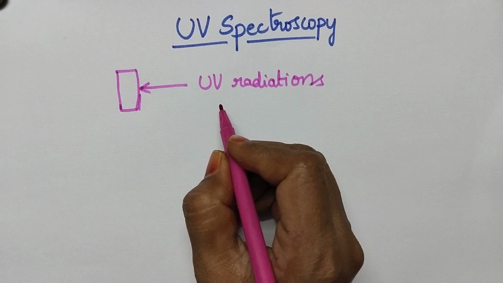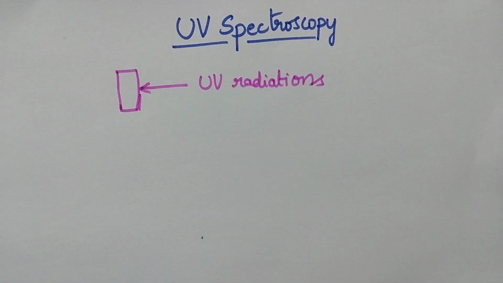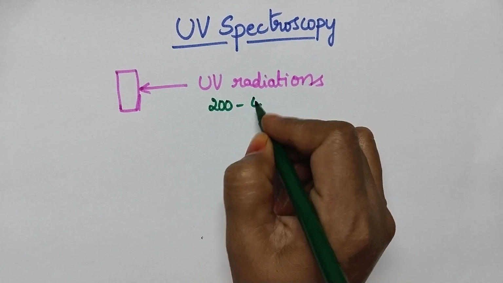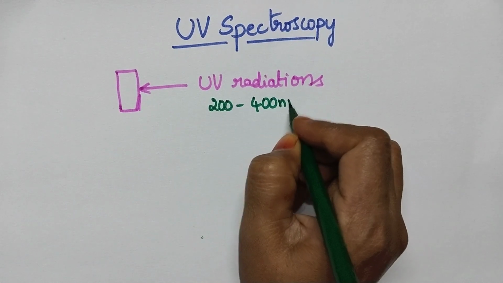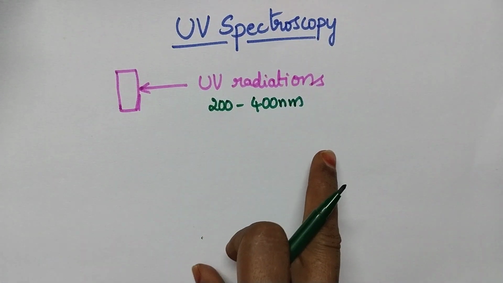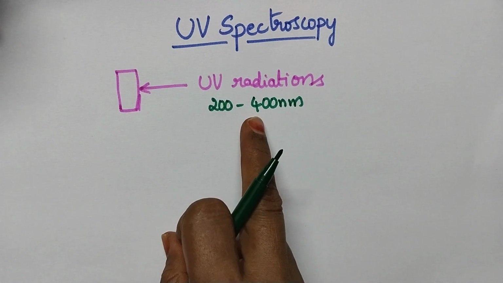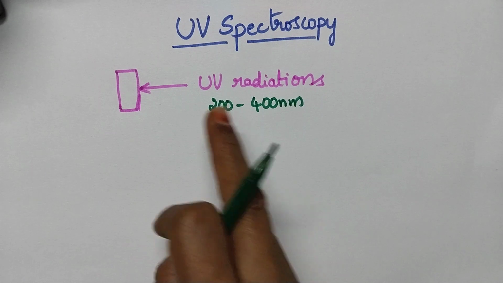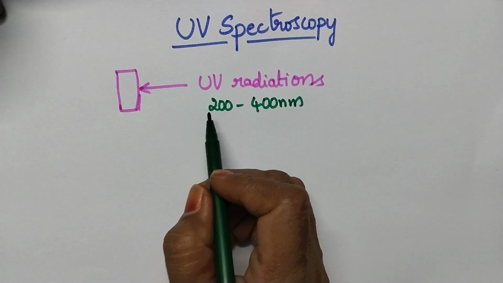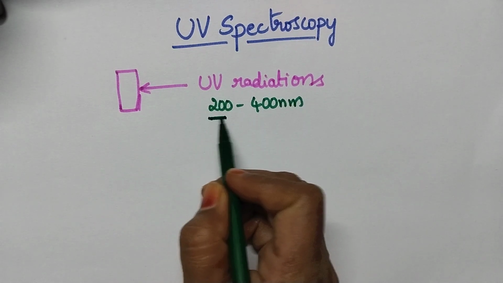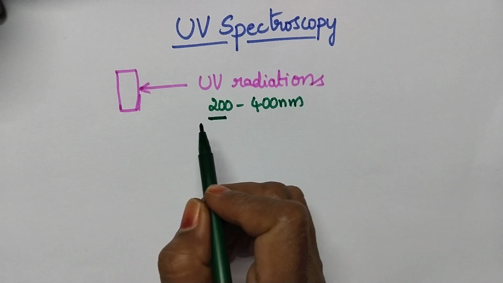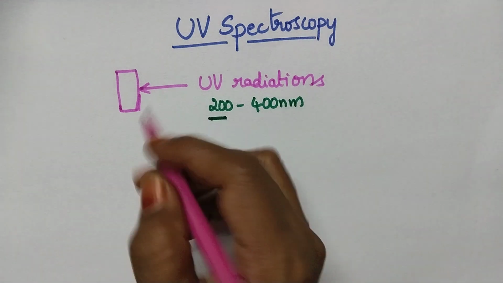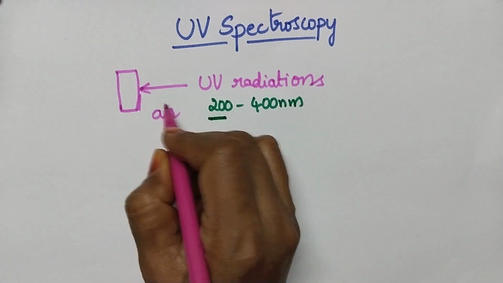The UV radiations generally extend from 200 to 400 nanometers, which is much more informative than the UV radiations which extend below 200. Whenever the spectrum is drawn below 200 nanometers, it is difficult to monitor, since even in that region air shows absorption.